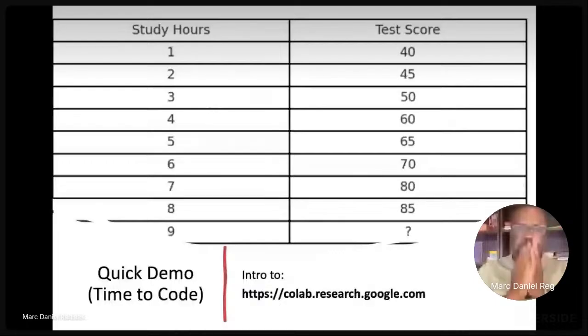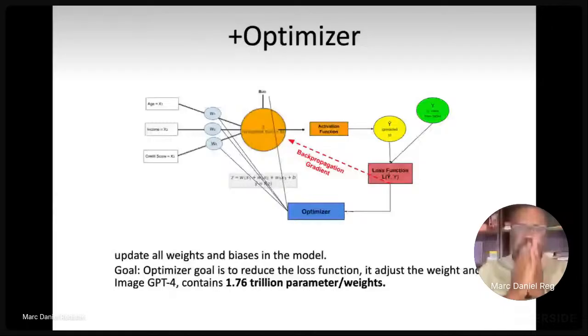Okay, so before we go into coding, I hope you guys in this video, which will be shared on YouTube, can go back and look at this again. But imagine you have your input, which goes into the model. The model has weights and bias. It goes into the activation function, which allows the model to learn nonlinear patterns, and spits out a prediction.